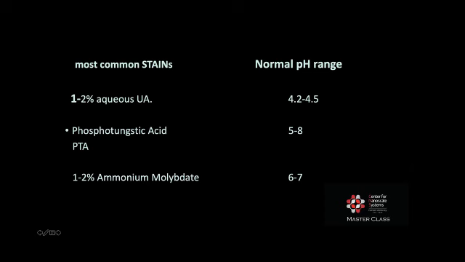And they also are notably used at much different pH ranges. And it seems the pH of your stain and the pH of your protein can interact with each other to produce better or worse results. This is something that you just typically try to work out as you're going along.